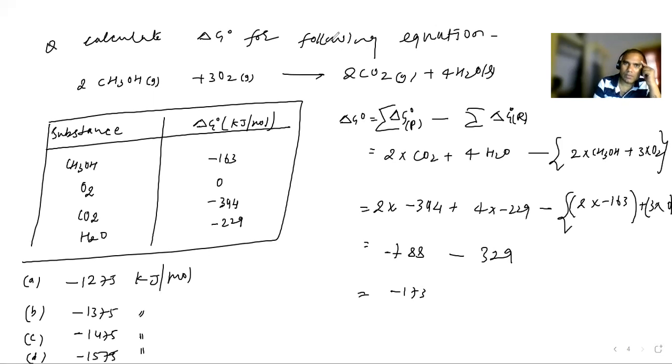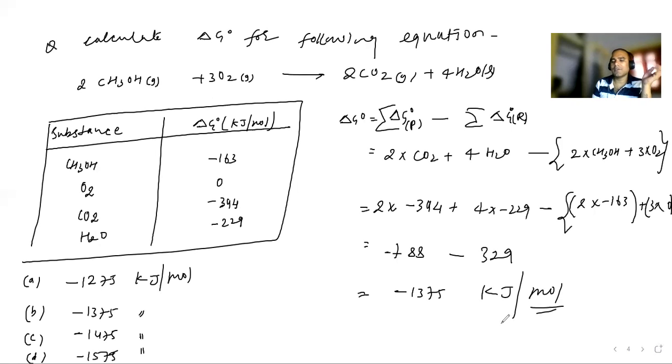Check your answer, is it coming? I'm getting minus 1375. Quite okay. This is again going to be spontaneous only, because a negative value is coming.